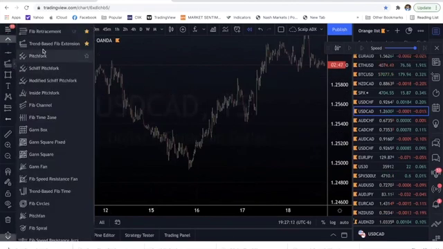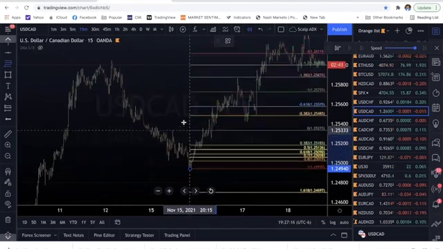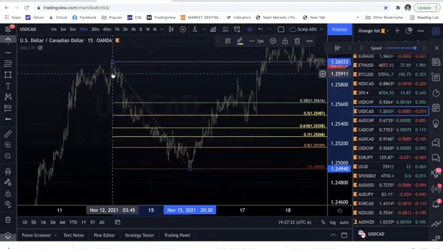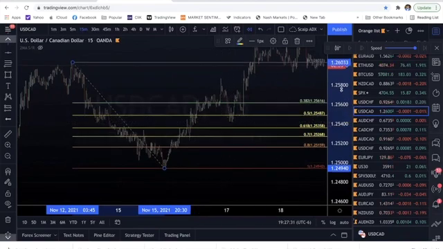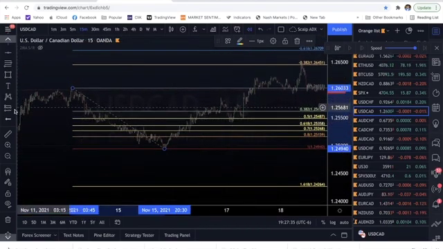Let's first do a Fibonacci retracement. Let's take it from here. Take it from the swing low up to the swing high. Y'all see that? And what do we see? Price came back to this zone. So this would have been your entry. Okay. All right. This would have been your entry right here.